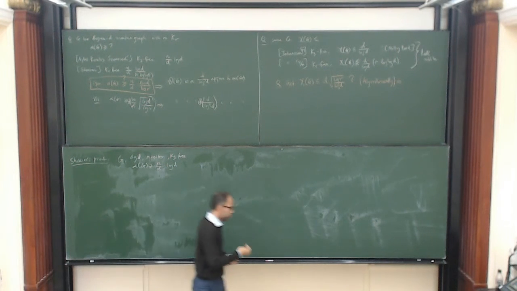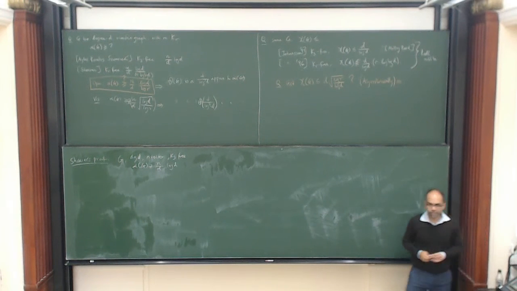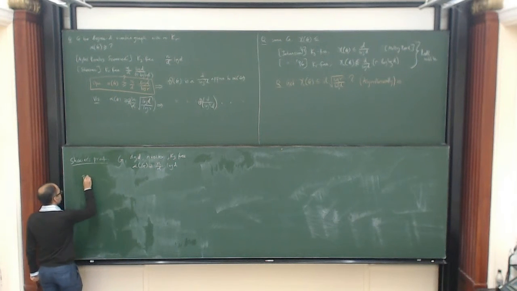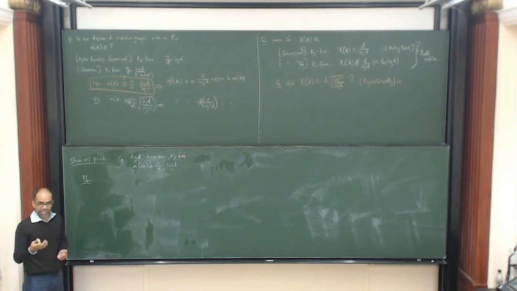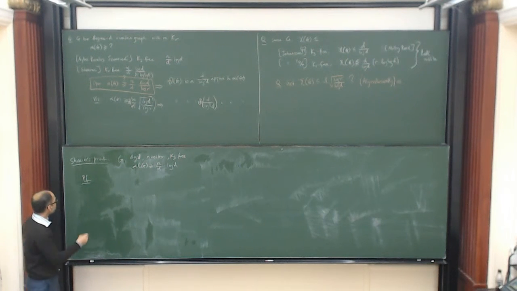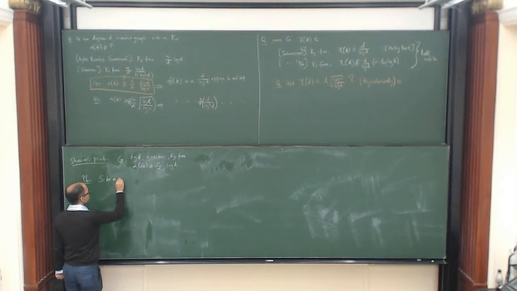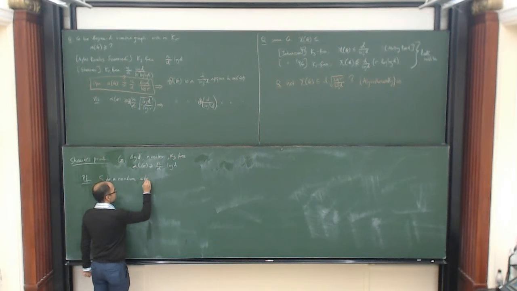So step 1 of the proof, pick a random independent set. The proof will be an example of what is known as the entropy method by now. Proof: let S be a uniformly random stable set.